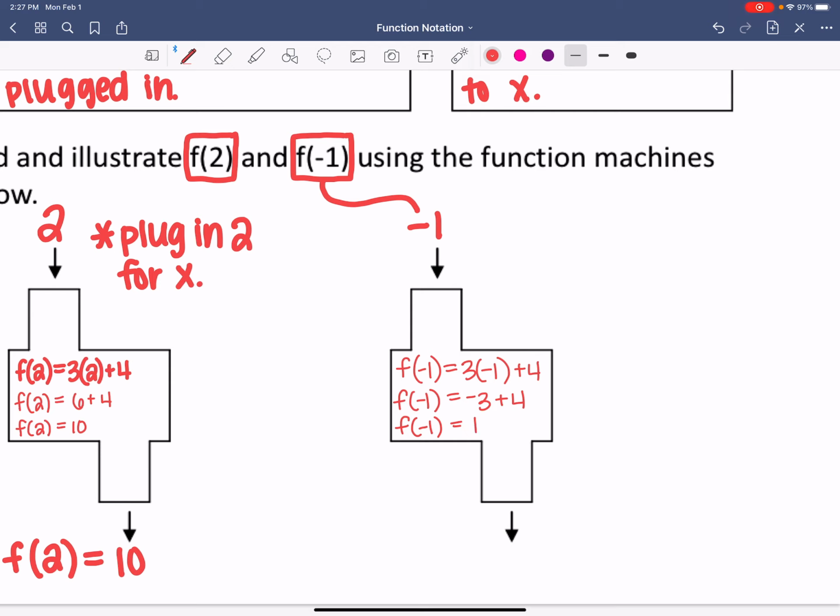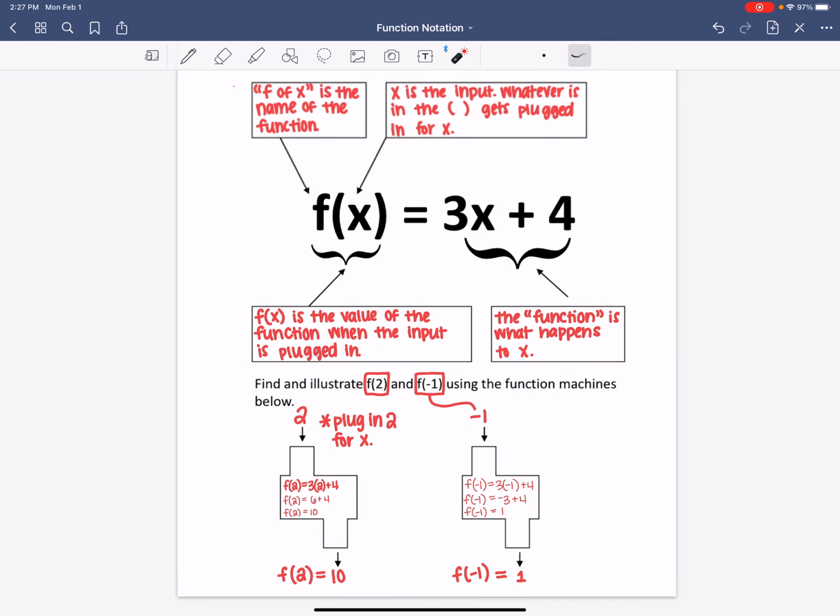So we get out a positive 1. The function of negative 1 is equal to 1. That means we plugged in negative 1 and got out positive 1. That's the basis of function notation.